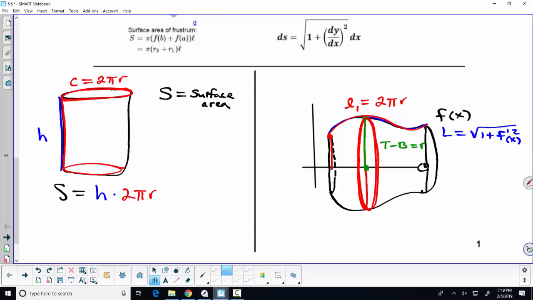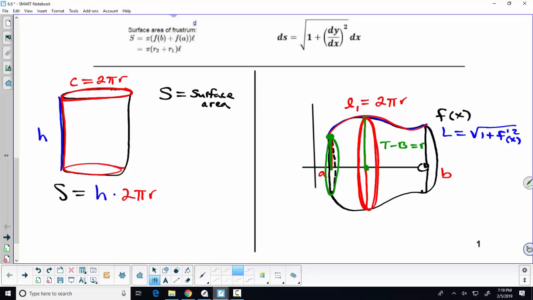Yeah, because we say find the surface area from A to B. So once we fix A and B, that gives us a definite arc length. And the radius of each one of these circles, here's another circle, right? The radius of each one of these circles is given from the height of the function down to the axis of revolution.